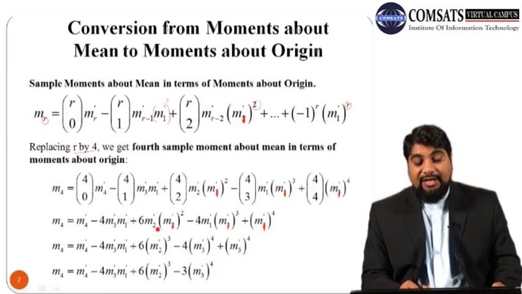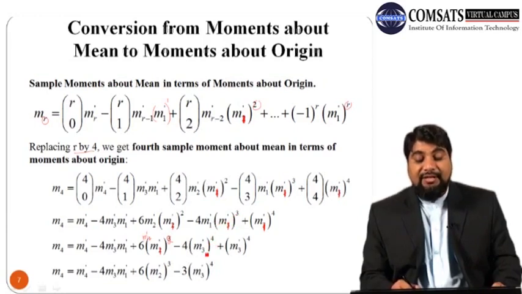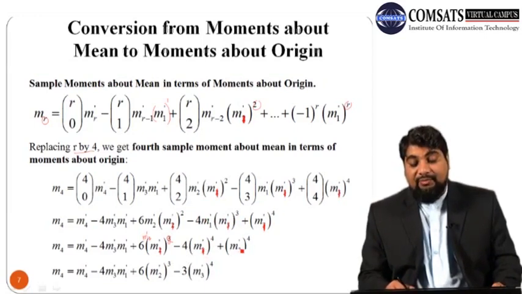In the next step, write the first term as it is, second term as it is. Here we have 6 m2' m1' whole square. So this is m1' whole square, and we have this m2' as it is, and then we can combine these two terms. So minus 4 m1' and this m1' cube. M1' raised to power 1 and cube, we get m1' raised to power 4, and here we have m1' raised to power 4 as it is.